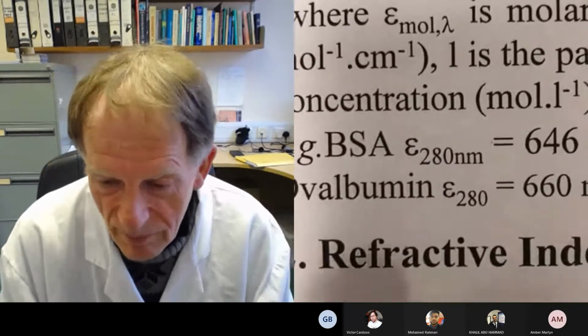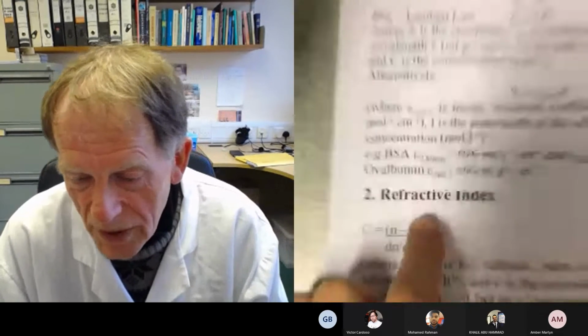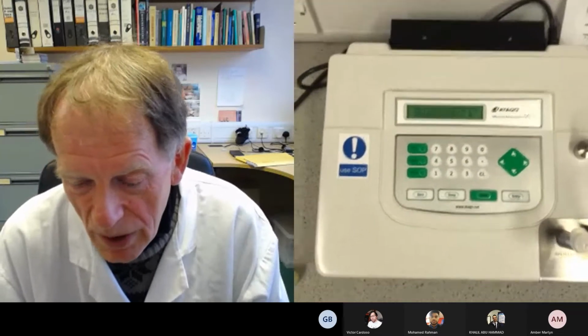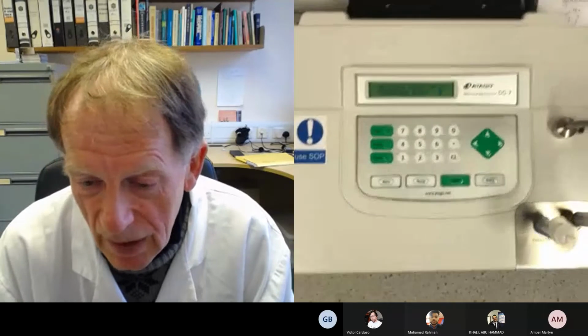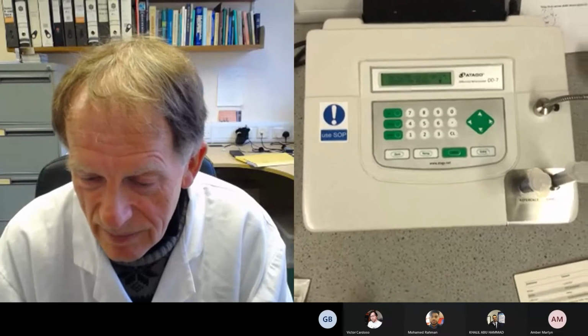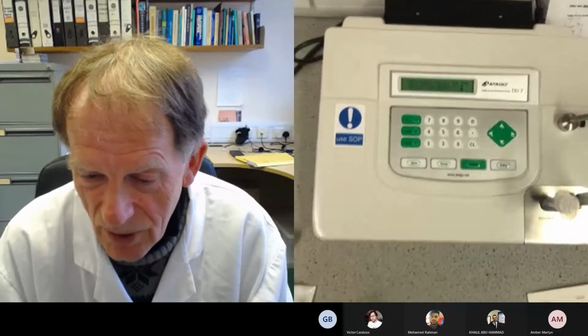But what is it about... I mean, we mentioned proteins have aromatic groups which absorb in the ultraviolet. What don't other molecules like polysaccharides have? Or carbohydrates?